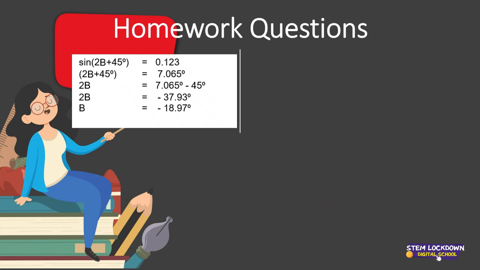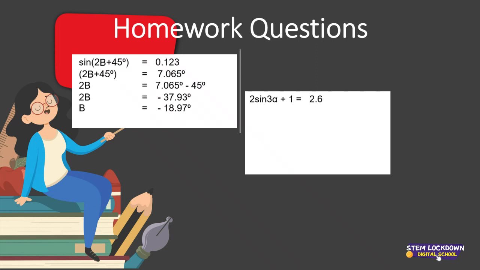Right. Question 2 from the homework questions. 2 sine 3 alpha plus 1 is equal to 2.61. You remember what you do on the left, you do on the right. So we subtract 1 on this side, and we subtract 1 on this side as well.